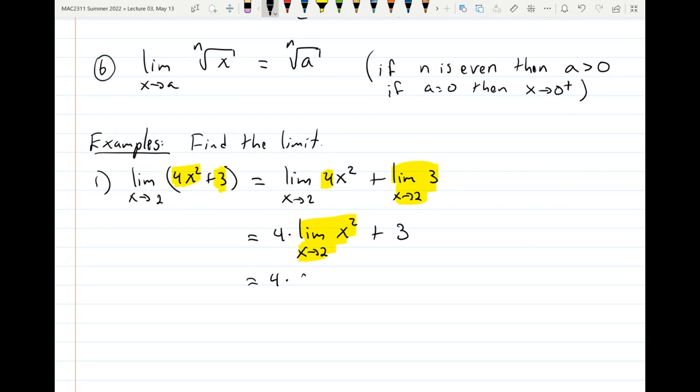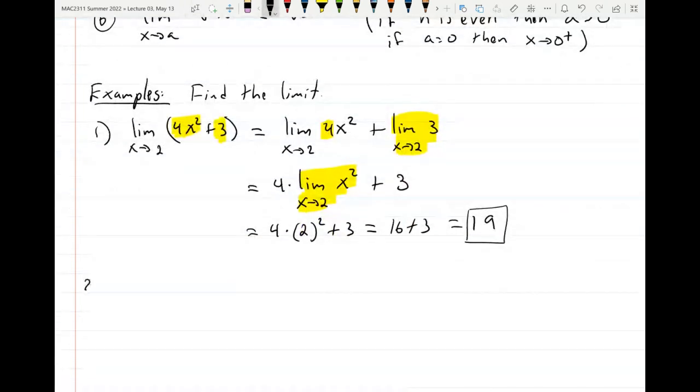So this becomes 4 times 2 squared plus 3, or 4 times 4, that's 16, plus 3, which is 19. All right. So again, here we use several of the properties listed above.